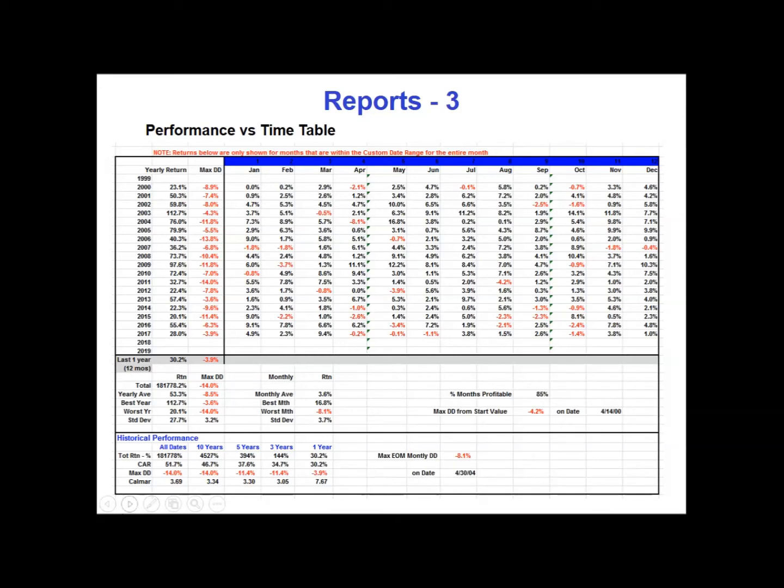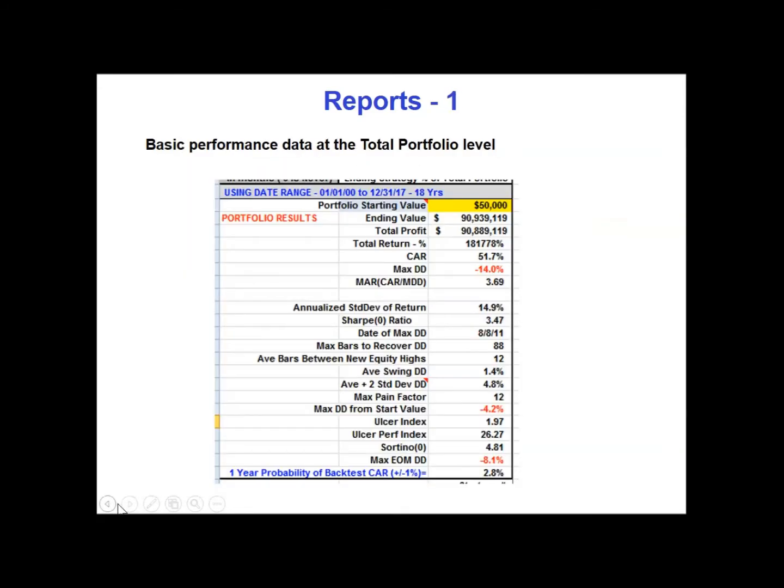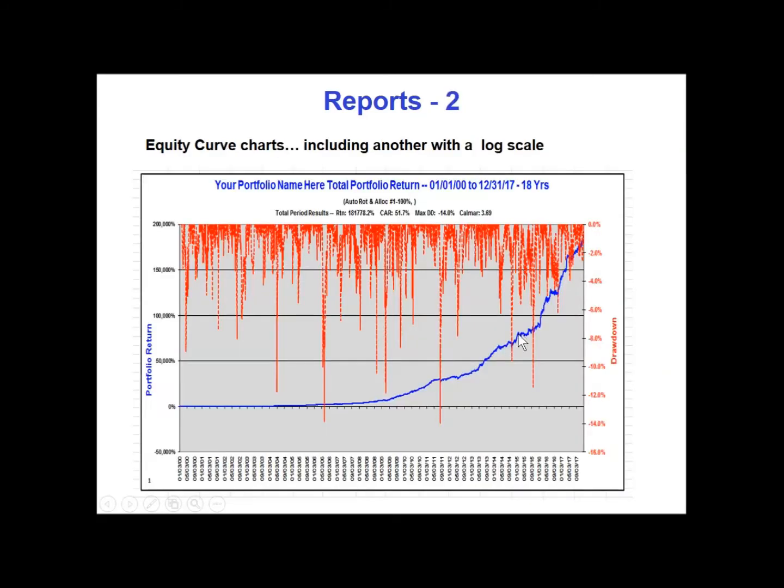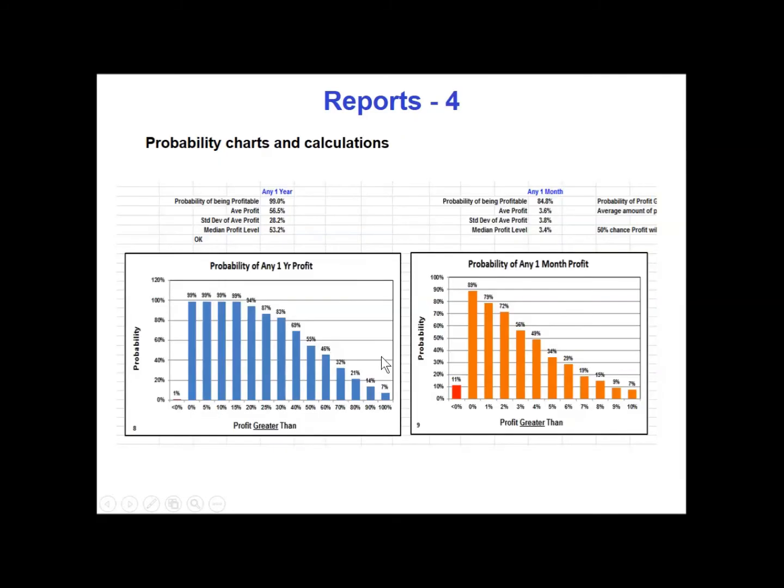Okay, now remember the one up here. This gives you the max drawdown on a daily basis and when it occurred. And a lot of times those are not anywhere close to the same date. You can learn an awful lot about how things work by playing with this.